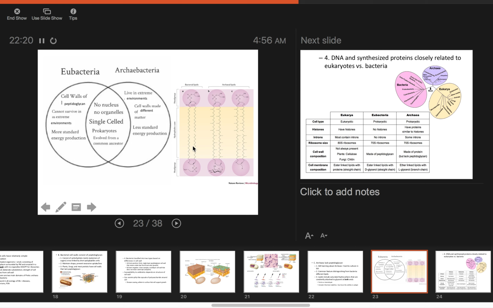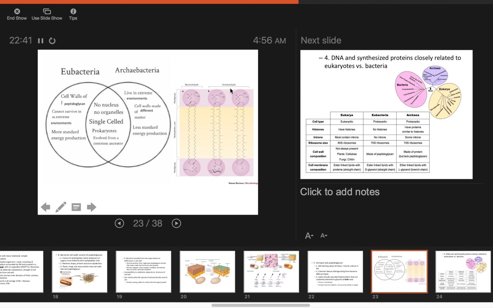Now, this slide is actually showing the plasma membrane. You can see that we have one phospholipid here with the two fatty acid tails, and another phospholipid head with the two fatty acid tails, and they are not connected, okay? These tails interact. Sometimes they are kinked.